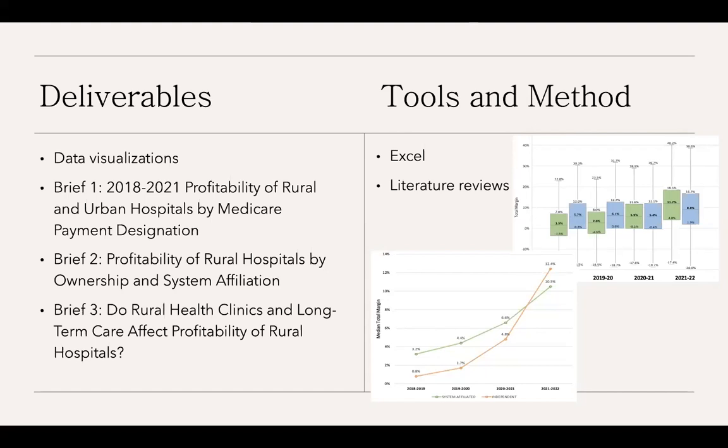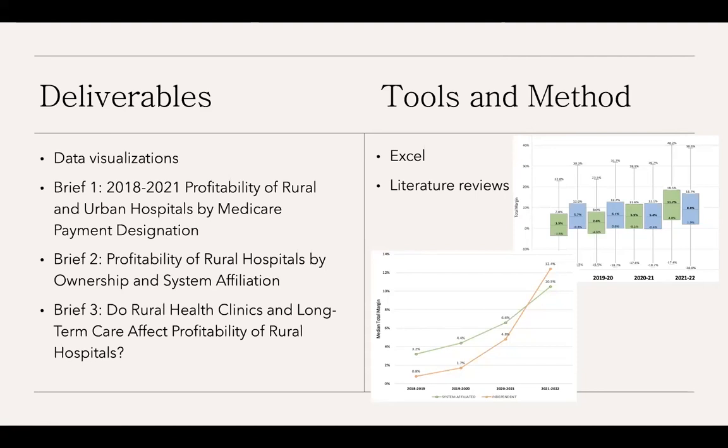There's a box plot that gives the distribution of the total margin of the years 2018 to 2021 of rural hospitals and urban hospitals. The bottom graph is another example of other variables studied in detail, that is system affiliation, studying the profitability of the hospitals based on whether they're affiliated to a system or not.